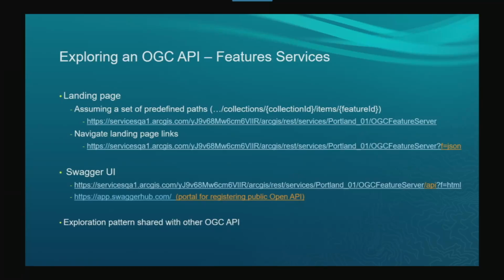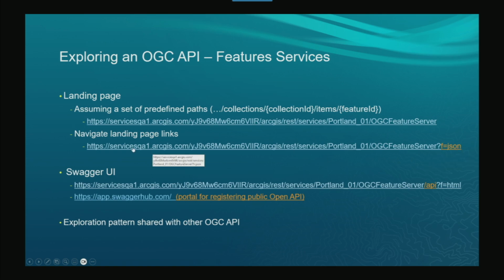On this slide, I'm going to share with you 3 different ways of exploring an OGC API feature service. From the landing page, you can assume a preset pattern. As you can see, you can go drilling down into /collection item feature ID and navigate all the way to get, for example, the JSON that programmers might be interested in.